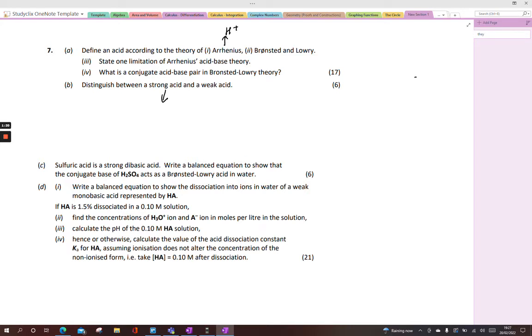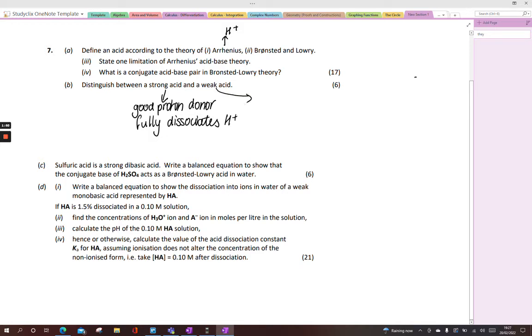So in terms of Bronsted-Lowry theory, a strong acid is a good proton donor. And in terms of Arrhenius, an Arrhenius acid dissociates into hydrogen ions. The stronger the acid, the more readily, or the more fully, it dissociates into hydrogen ions. So fully dissociates, breaks up to these hydrogen ions.